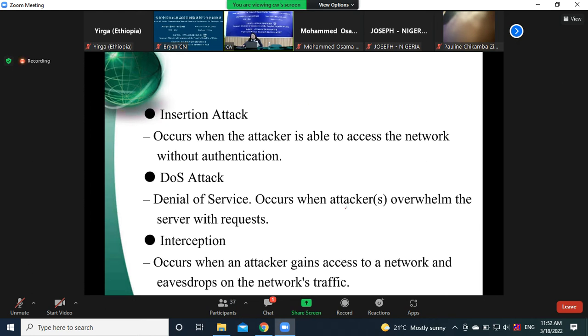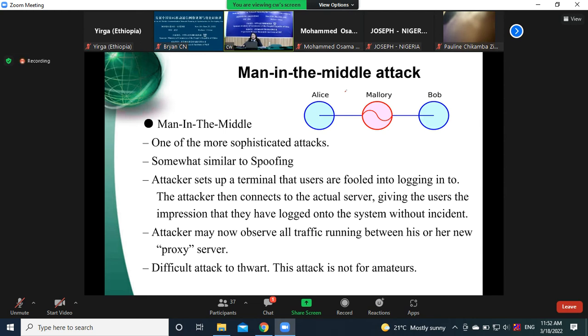So in this way, I want to show this. For example, this is the man in the middle attack. I want to explain. Suppose that this is Alice, and suppose that Alice wishes to communicate with Bob, and meanwhile, Mallory wishes to intercept the conversation to eavesdrop and possibly deliver a false message to Bob.